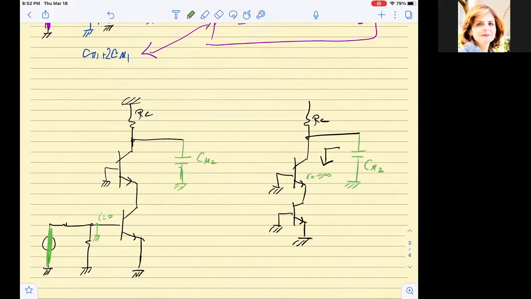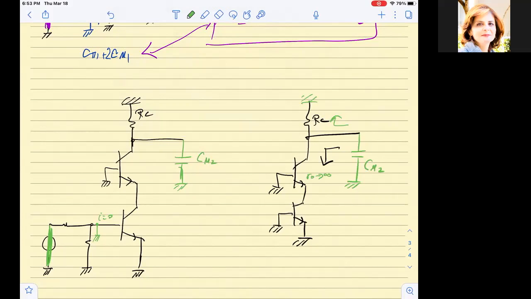What happens to it? What does this capacitor see? Okay, it is just going to see RC above. So it will see an open circuit down and it will see the RC up, right?